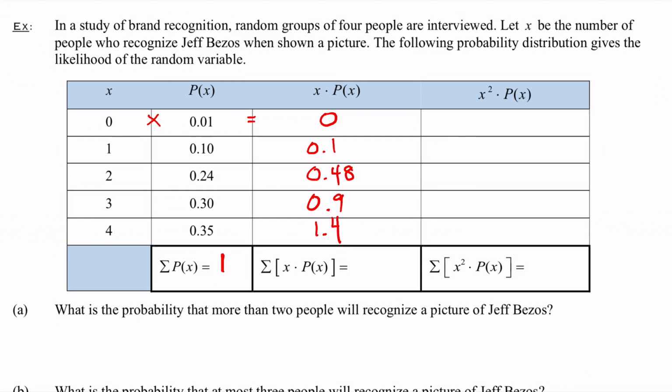And then when we sum up all those values, we get the sum down at the bottom, and that'll give us 2.88. And that also tells us what the mean of our distribution is. So remember, that's our mean.